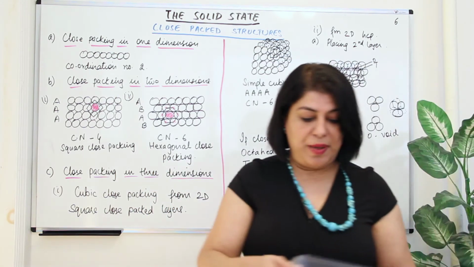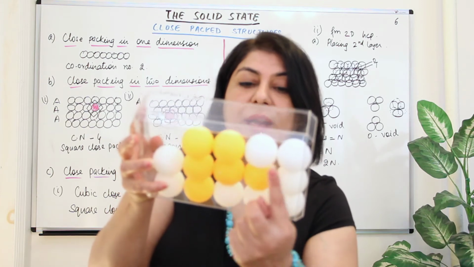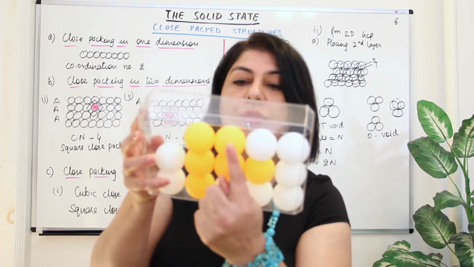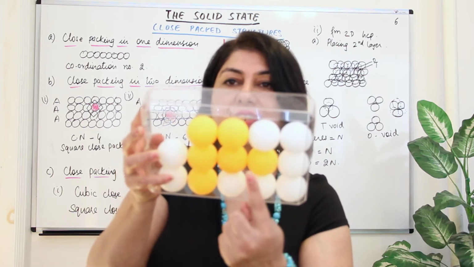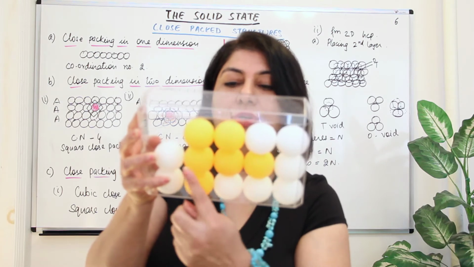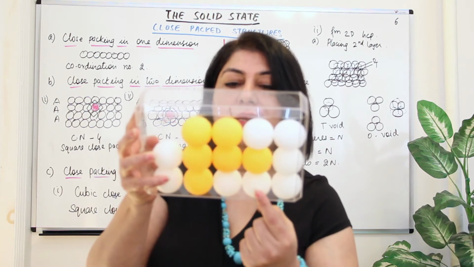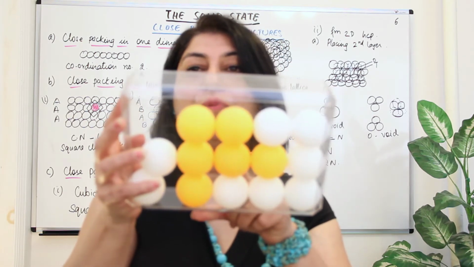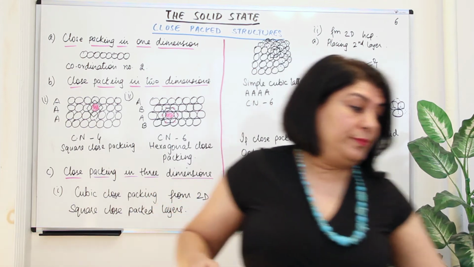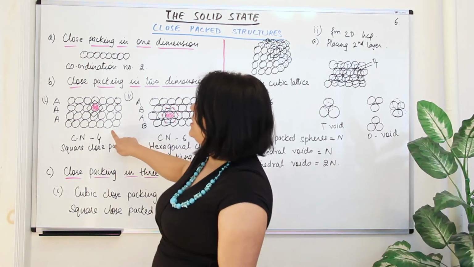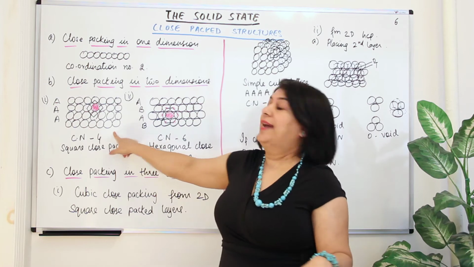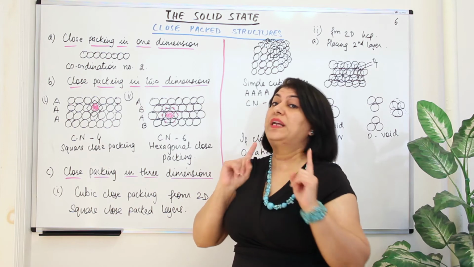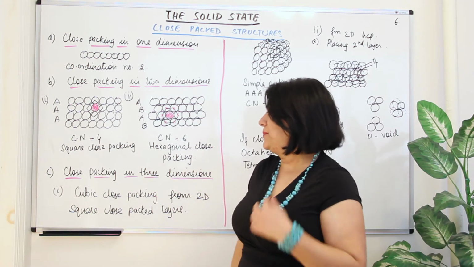It is directly touching only 4 balls. So the coordination number in square close packing is 4, and the coordination number in hexagonal close packing, now we're talking only in 2 dimensions, is 6.